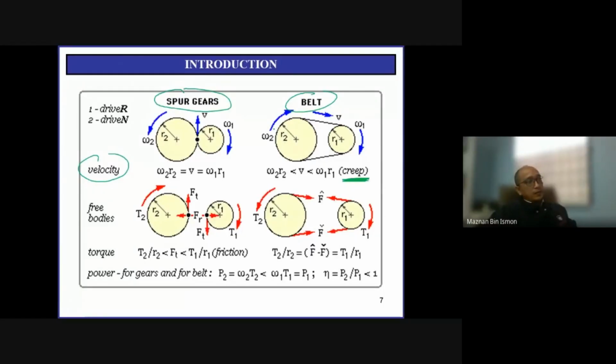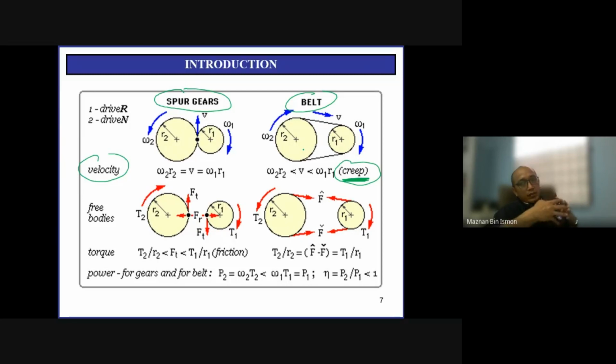Kalau you tengok basikal, bila you kayuh, dia ada satu kawasan rantai yang in a tight side, dia tegang kan. So yang sebelah bawah dia akan jadi kendur sikit, that one is on the slack side. So bila berlaku creep ni, dalam belt made of rubber, dia berlaku elongation and contraction.